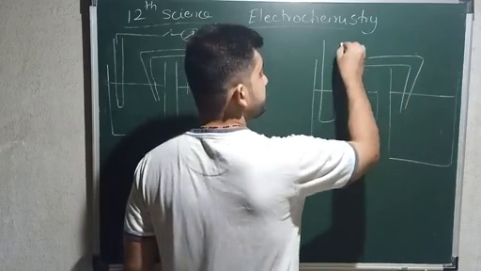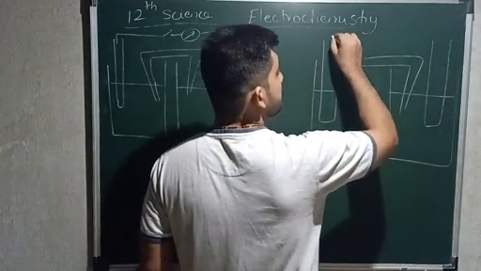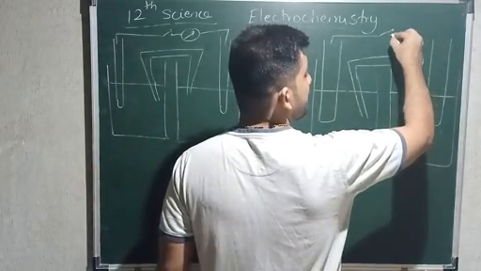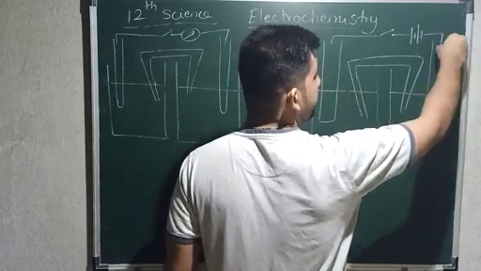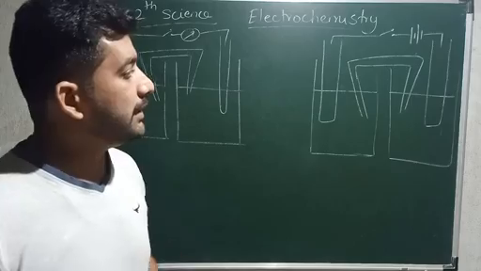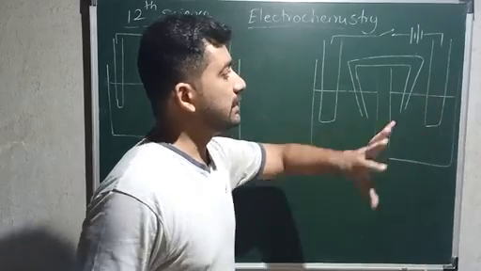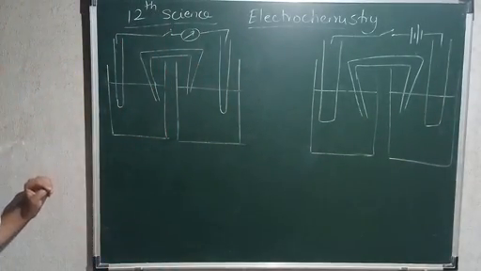In the salt bridge, these are two electrodes. These two electrodes have a key, and here we have a battery, and then the battery is attached to the electrode.